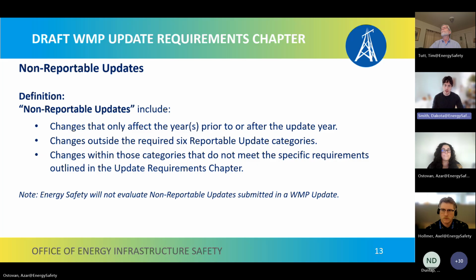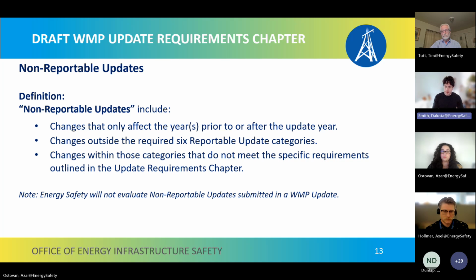And we also have a definition on non-reportable updates. These include changes that only affect the years prior to or after the update year, changes outside the required 6 reportable update categories that we went through on the previous slide, and changes within those categories that do not meet the specific requirements outlined in the update requirements chapter.